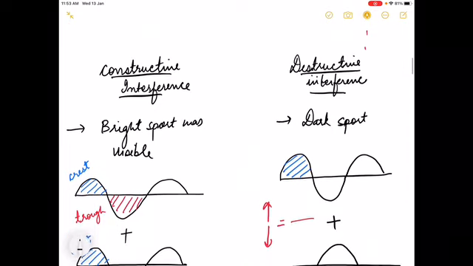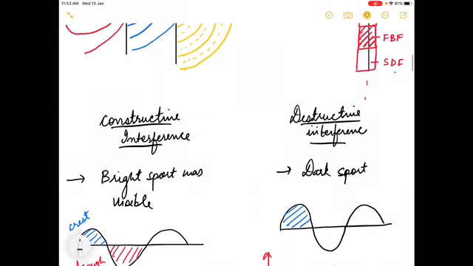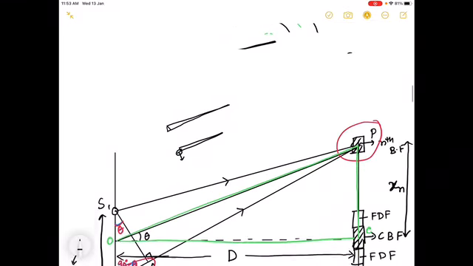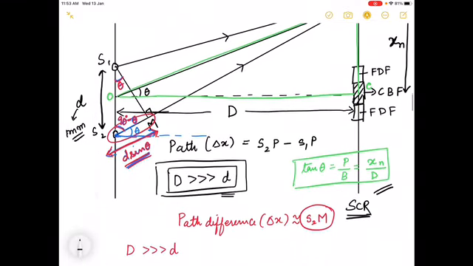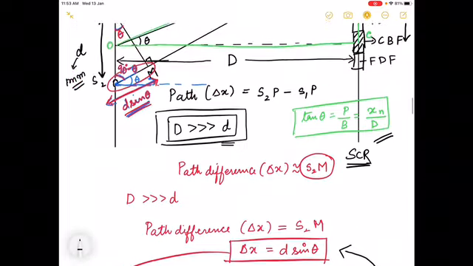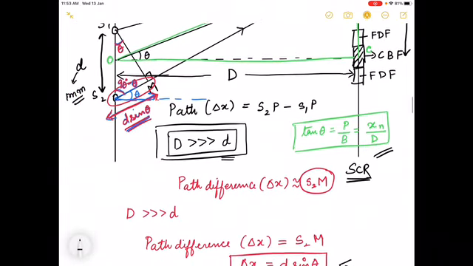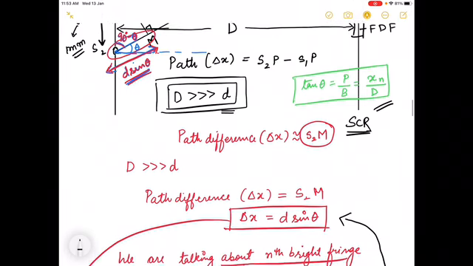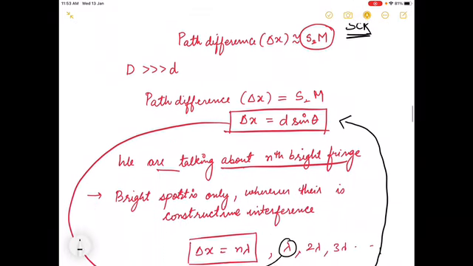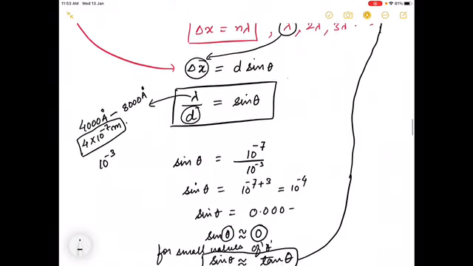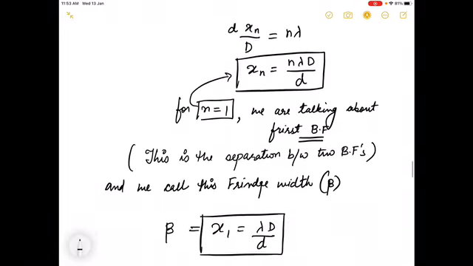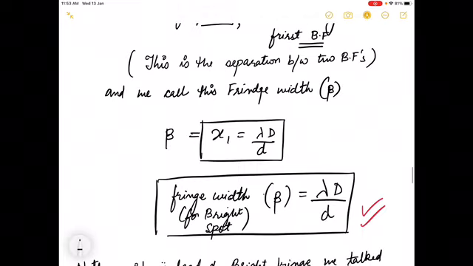Then we talked about constructive interference and destructive interference, and how we are actually seeing this dark spot and bright spot, right? Then we tried to find out the fringe width of this dark and bright spot. What was the fringe width? It was the distance between two alternate bright spots or two alternate dark spots, right? With the study we found that the fringe width came out to be lambda d by d.